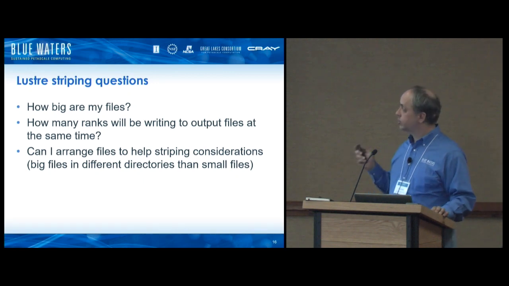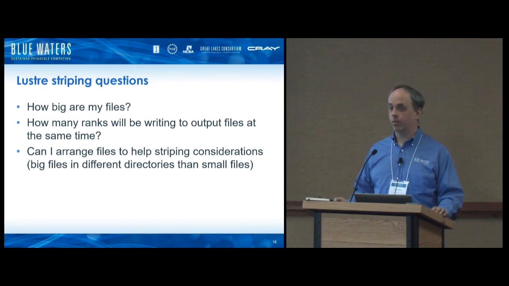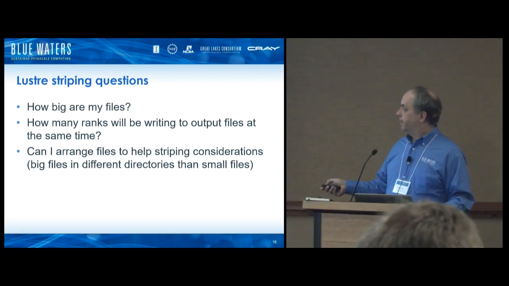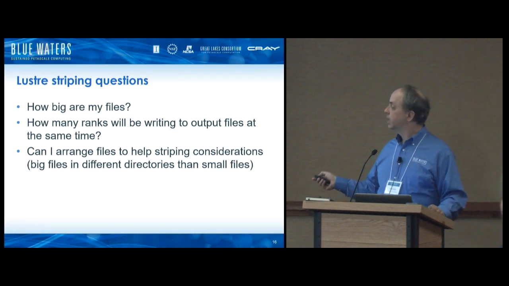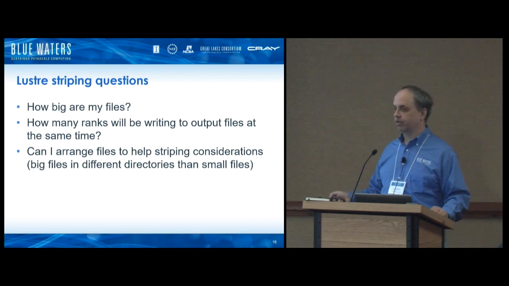So, good questions to ask yourself. How big are my files? That is going to drive your striping decisions. How many ranks will be writing to my output files? That will drive the striping decisions for that directory. Can I be clever about where I put my files to make my life easier for striping? The answer is hopefully yes.